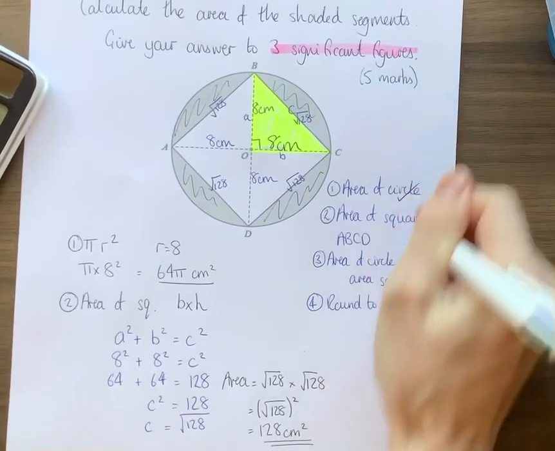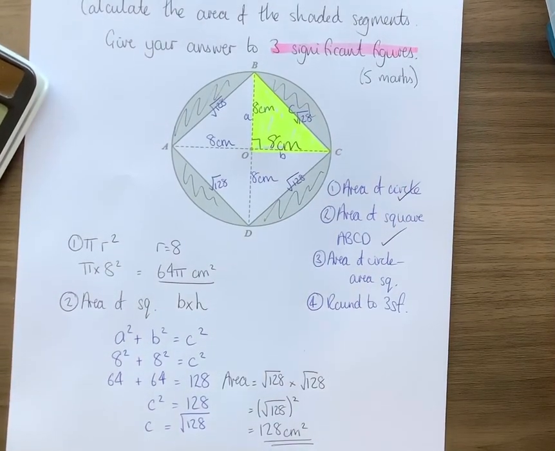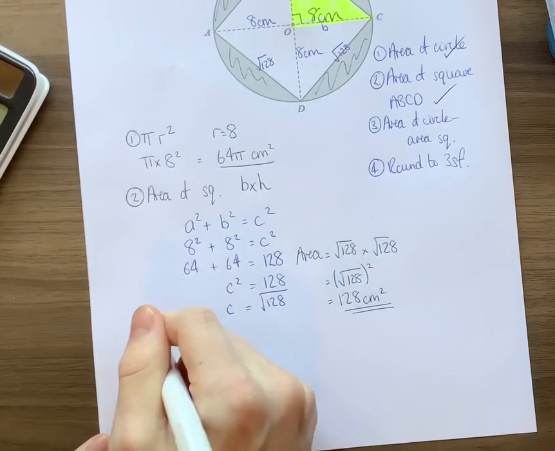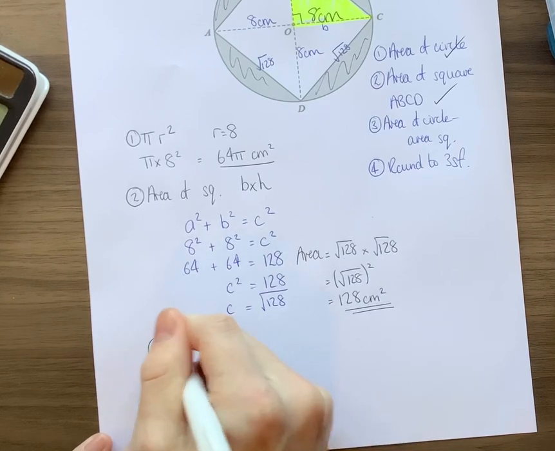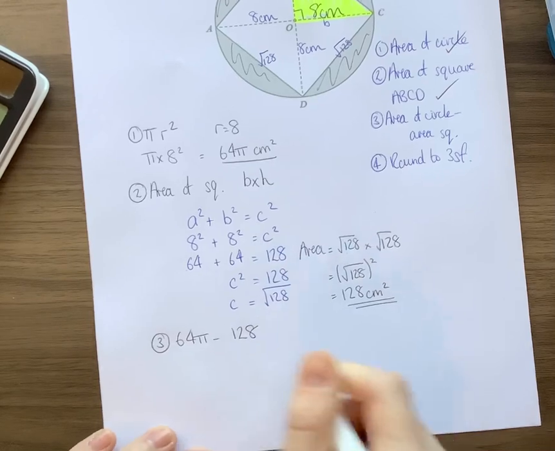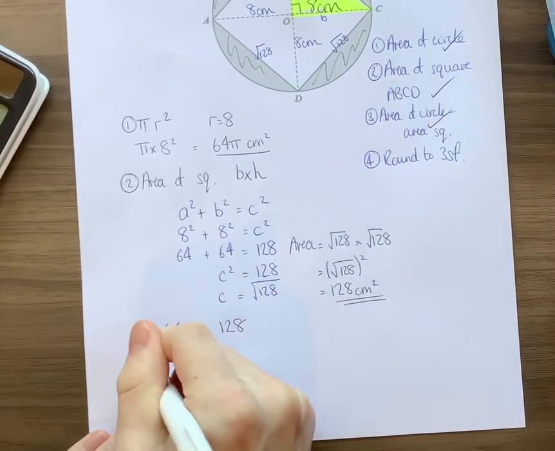So I've now got the area of the circle and the area of the square. So in order to work out the area of those segments, I'm going to do the area of the circle, subtract the area of the square. So step 3. So 64 pi minus 128. And I'm going to round it.